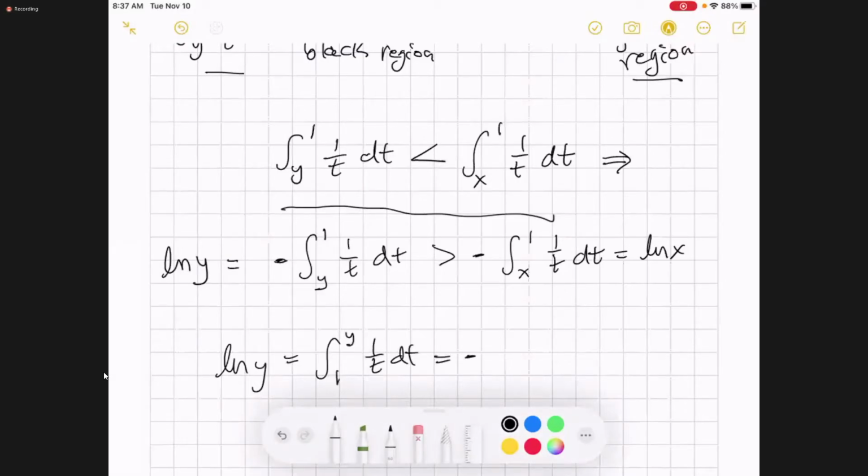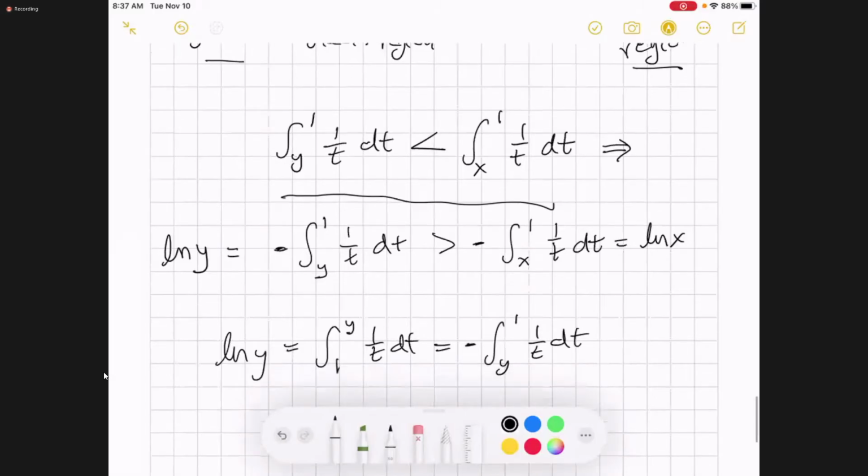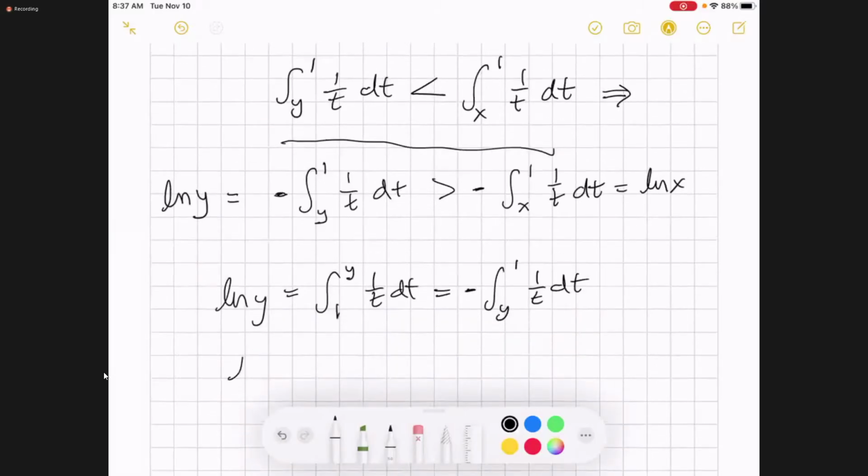But that's equal to minus, if I flip the endpoints, the integral from y to 1 of 1 over t dt. And ln of x is the integral from 1 to x of 1 over t dt. That's the same thing as minus the integral from x to 1 of 1 over t.